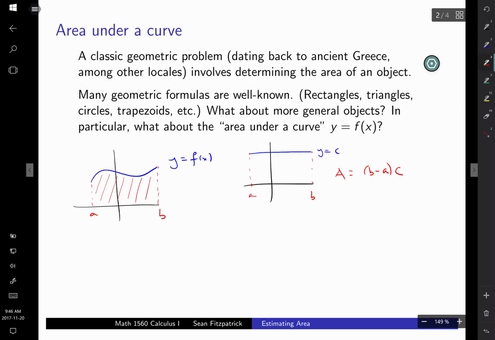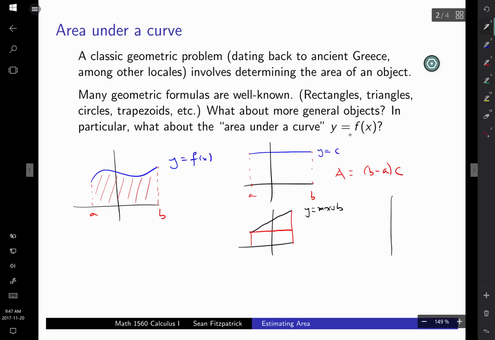We could do it if we were dealing with a linear function, y equals mx plus b, because then we can divide the area up into a rectangle and a triangle, and we know how to find both of those areas. Or in fact, you could treat this as a trapezoid. There's a formula for calculating the area of a trapezoid if you want to do it that way.